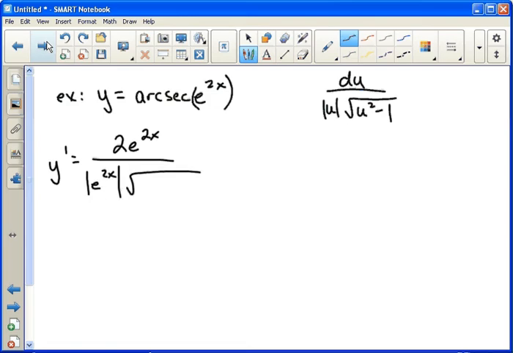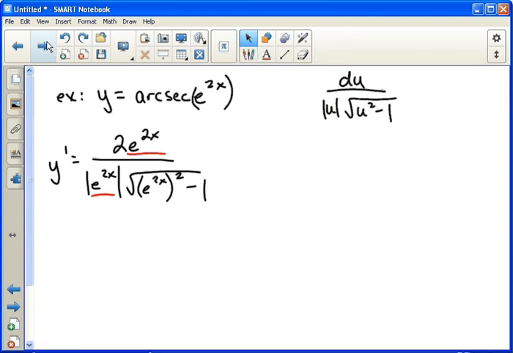Now there's a couple things I can do to simplify this. First, in general, you cannot cancel things that are inside an absolute value with things that are not. I'm talking about these two pieces right here. One's outside the absolute value, one's inside, so you cannot cancel them out. However, e to the x, and therefore e to the 2x, is always positive, so you don't have to put the absolute value around it.